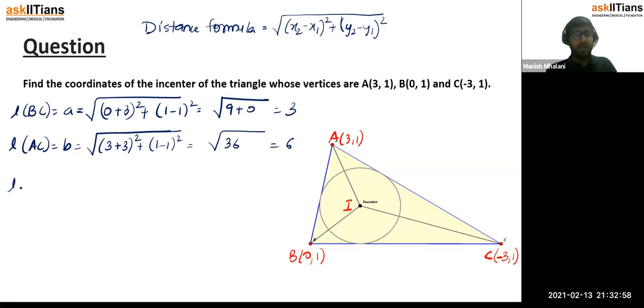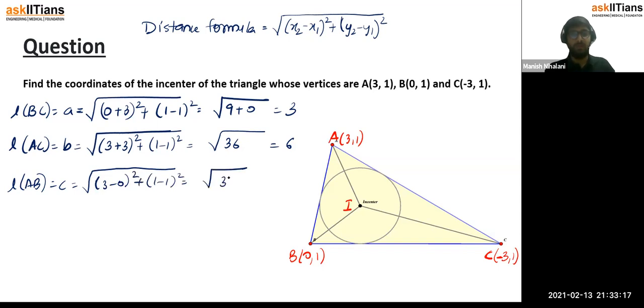We need to find the length of AB, which is just c: 3 minus 0 square plus 1 minus 1 square, which is just 3 square, that is 3, right?